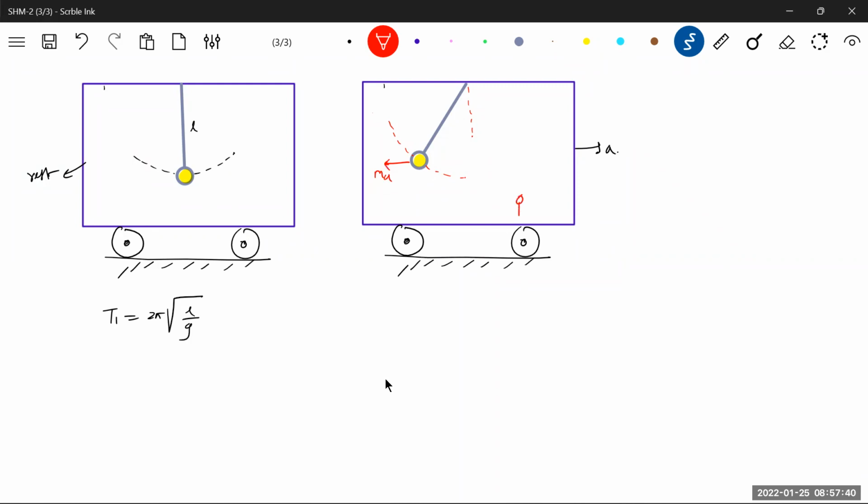The person sitting in the trolley will do this problem now. This mg will act, and there will be tension in the string at equilibrium. And we know the string will make an angle theta. Then we have the formula T equal to 2 pi root L by g. This I will ask you to rewrite.